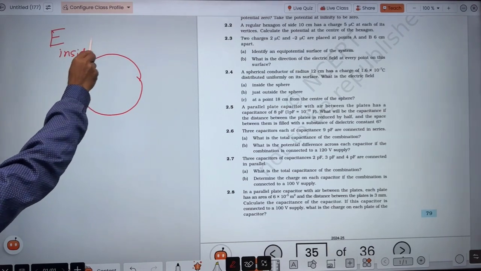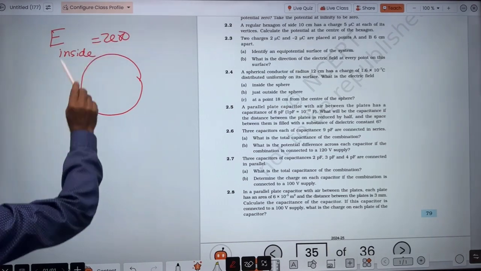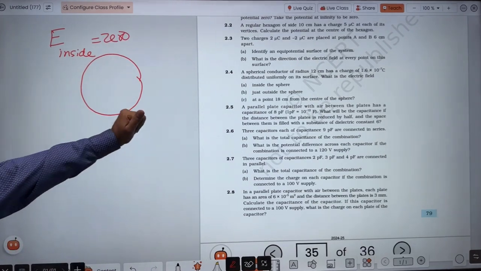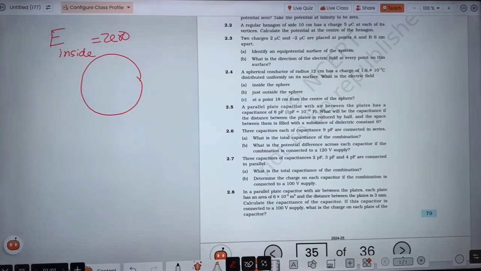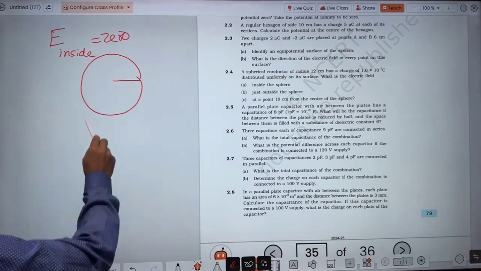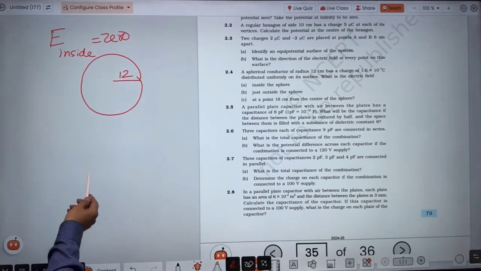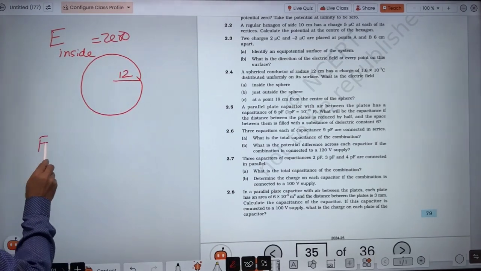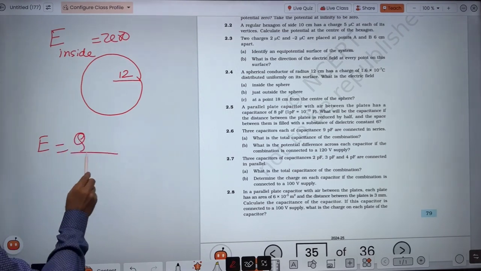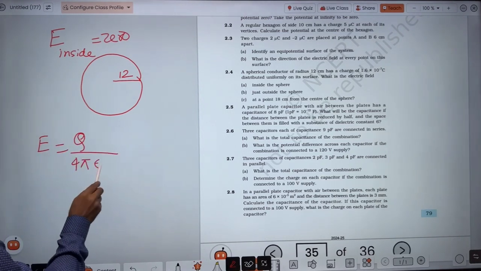So 1.6 into 10 power minus 7 into 9 into 10 to the power 9 divided by r square. Separation is 12, so 0.12 whole square, and the unit is either volt per meter or Newton per coulomb. Just evaluate it and tell me the answer.